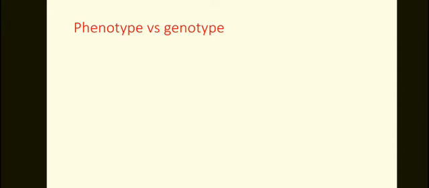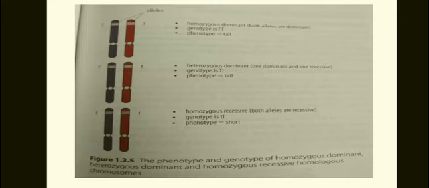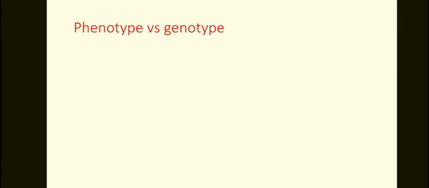What is genotype? Genotype is the composition of the genes in the chromosomes. For example, if I write TT, that's a genotype. Then I write Tt like this, genotype as well.